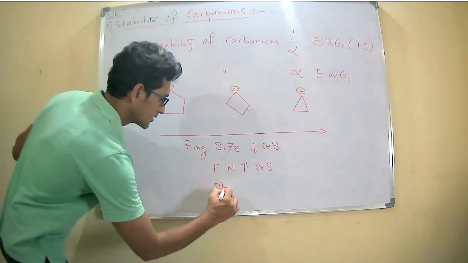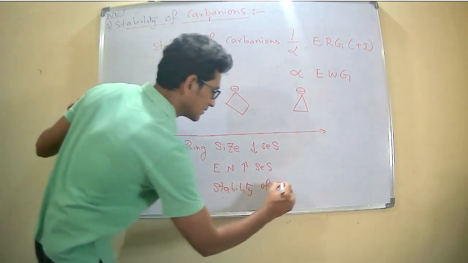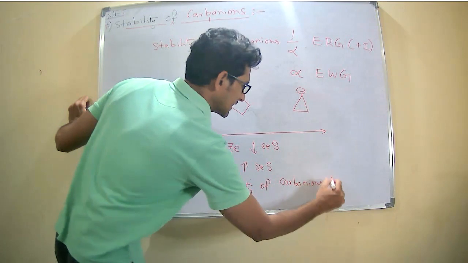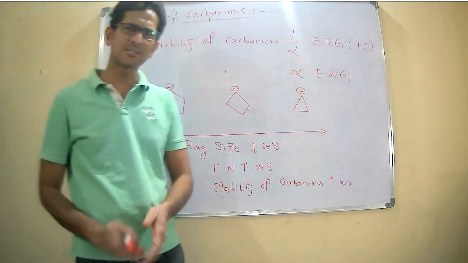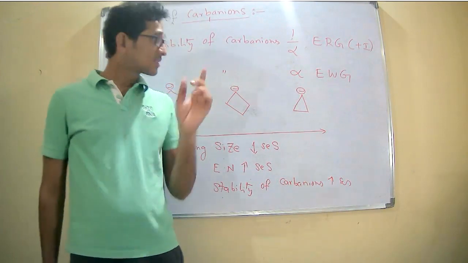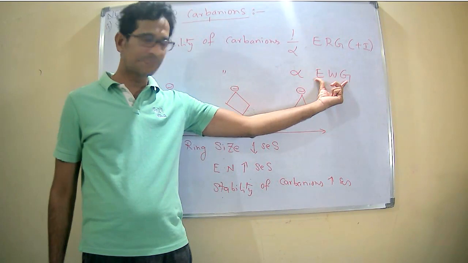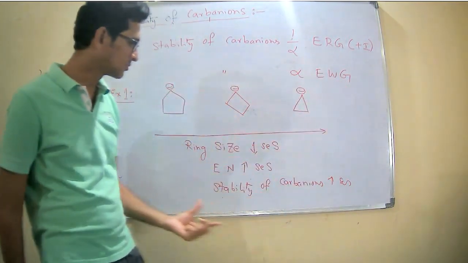therefore increases, because the stability of carbanions is directly proportional to the electron withdrawing group.